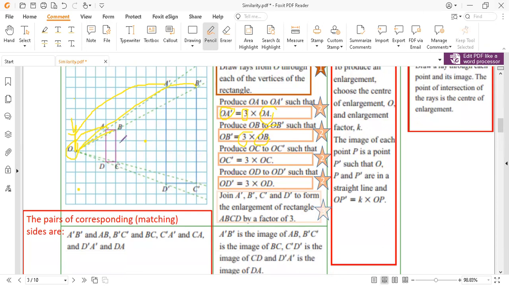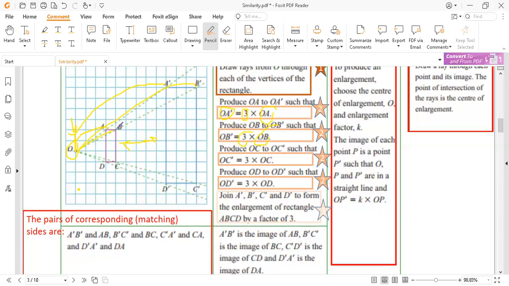When we have two similar figures, we can discuss the pairs of corresponding matching sides. The image of A is A prime, the image of B is B prime. So AB and A prime B prime is the first pair of corresponding sides.